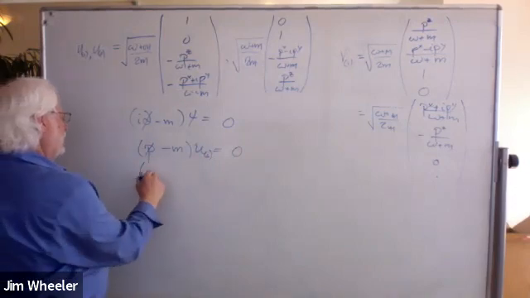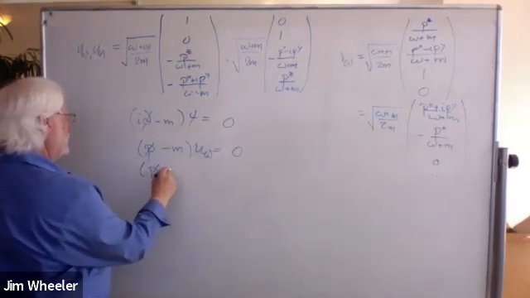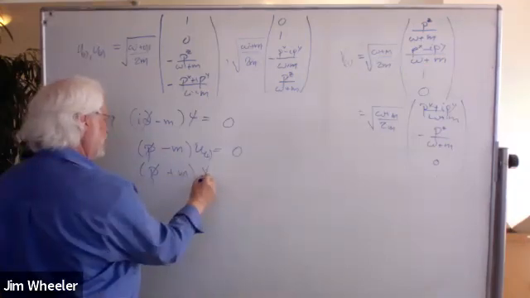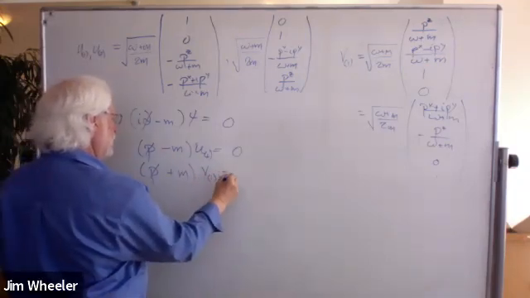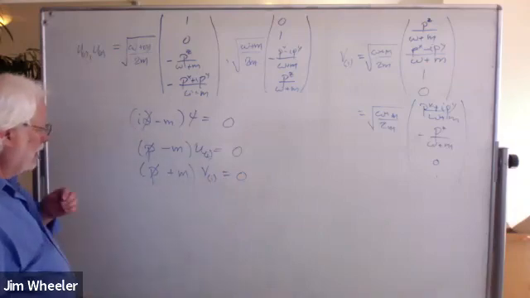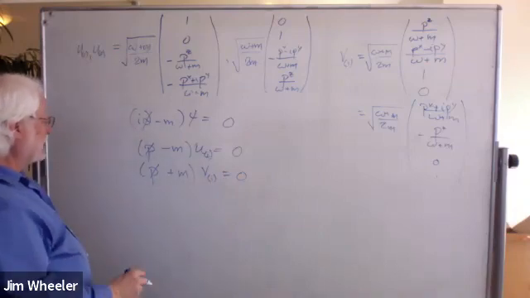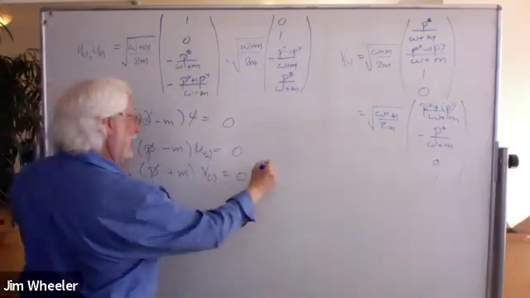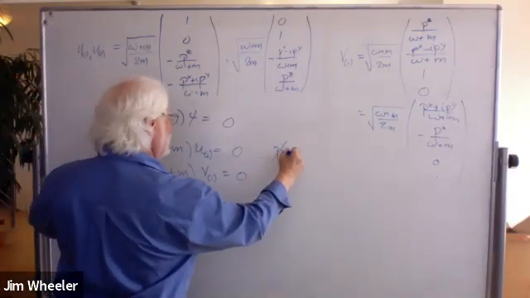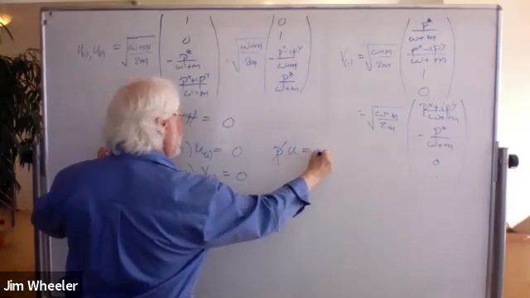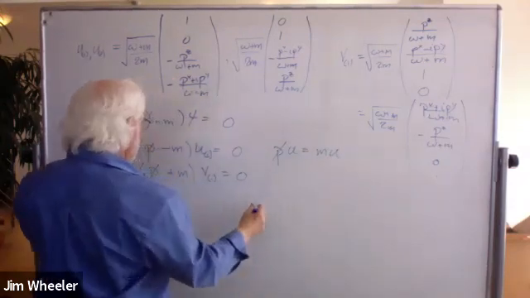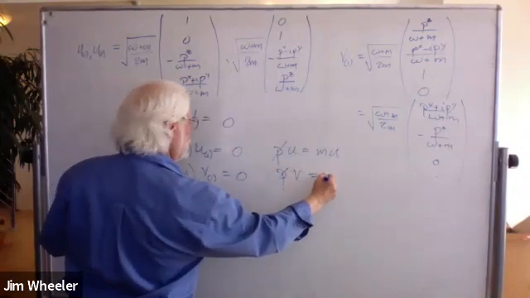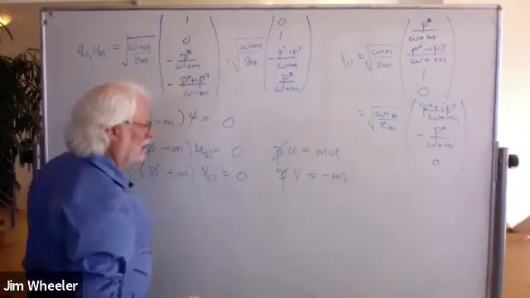And then we have p-slash plus m, multiplying through by a minus sign, on the v states gives 0. These are eigenvalue equations, right? This says that p-slash on a u gives m u. And this says that p-slash on a v gives minus m v.